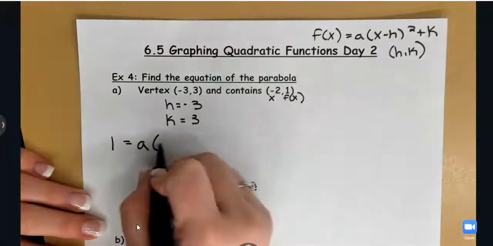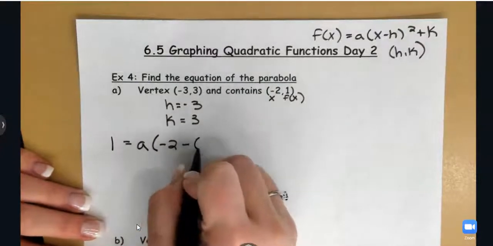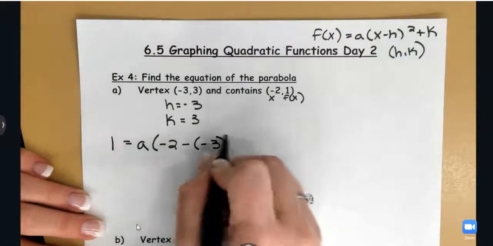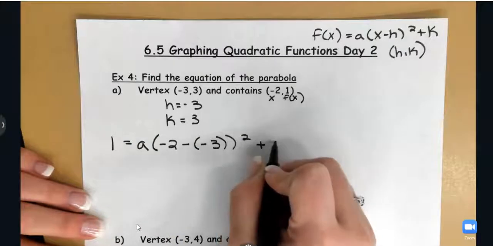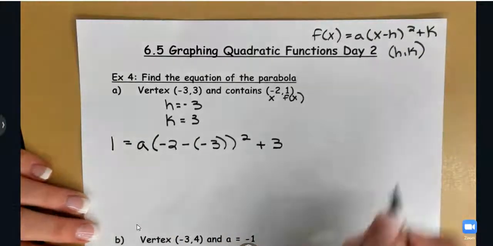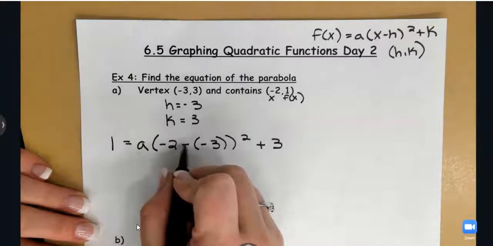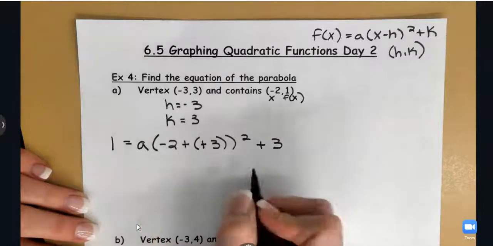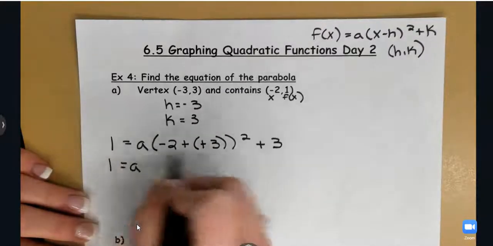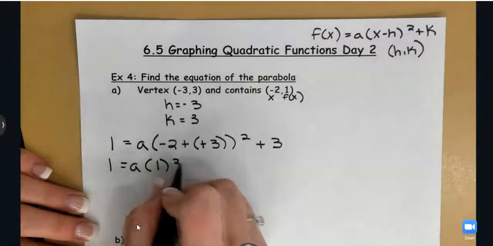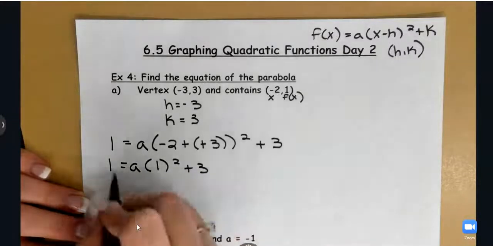X is -2 minus h, which is -3, squared, plus k, which is 3. And we're solving for a. So I have minus a negative, so that becomes plus. So -2 plus 3 is +1. 1 squared is just 1.